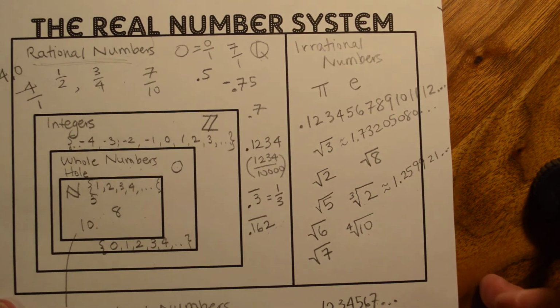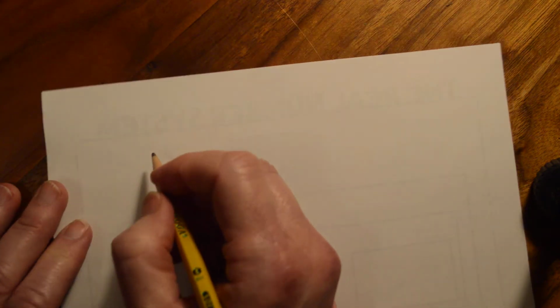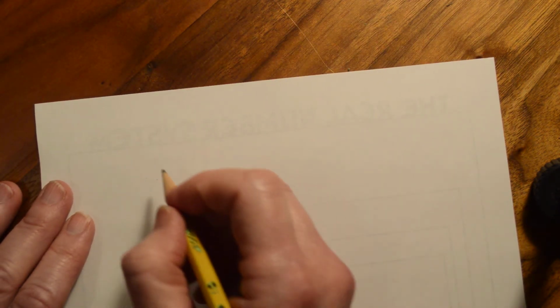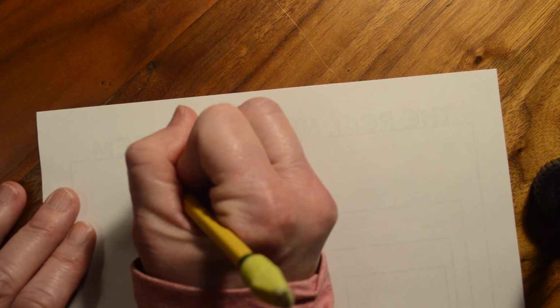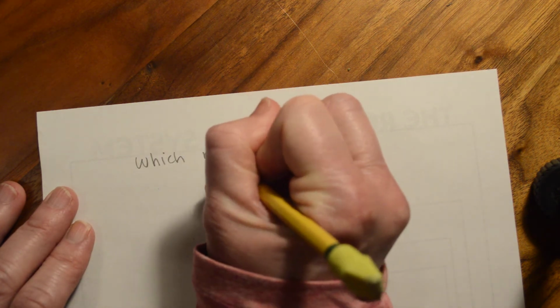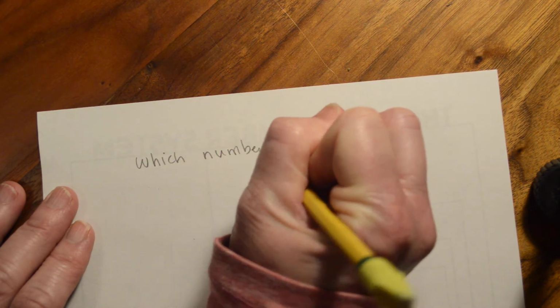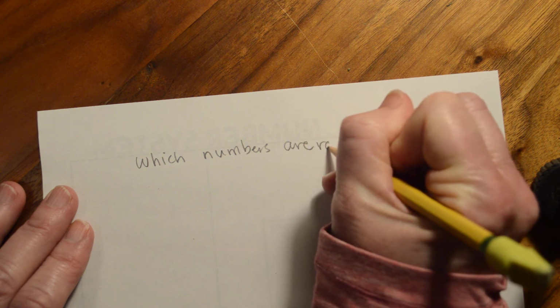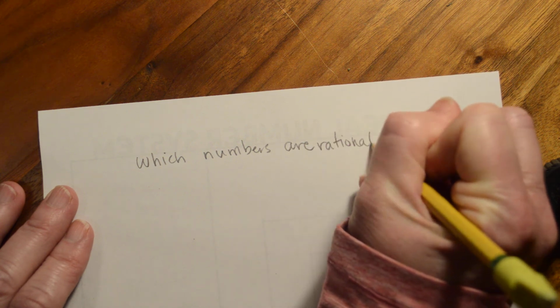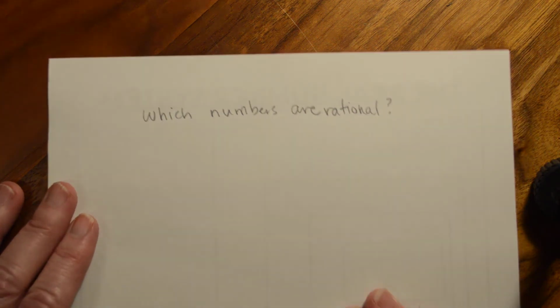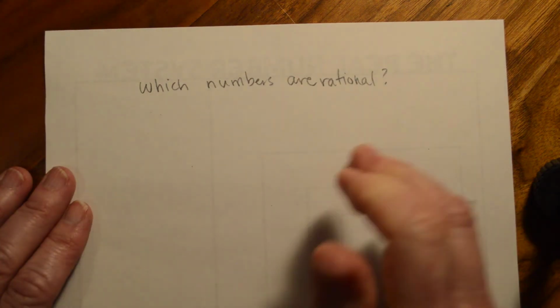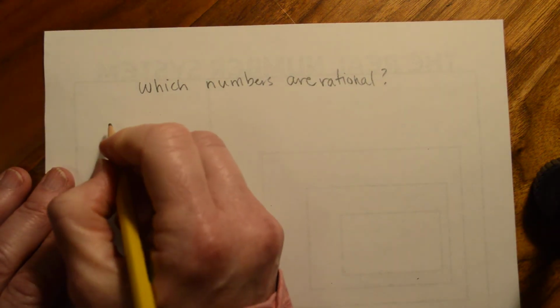So let me just flip this sheet over, and I'm just going to give you a string of numbers, and I'm going to say, tell me which ones are rational. So I'm going to give you a list here and you have to pick out which ones are.